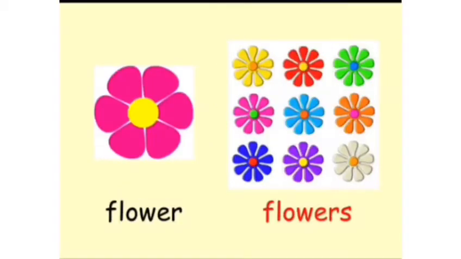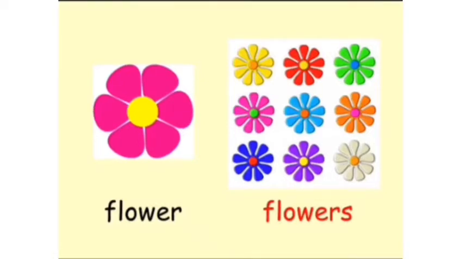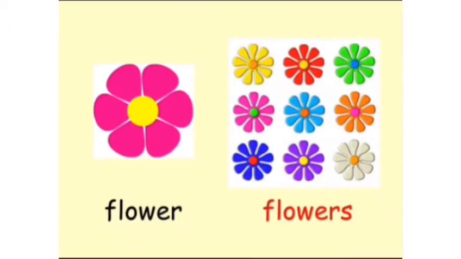Can you see one pink color flower? Yes, F-L-O-W-E-R, flower. And there are many flowers on the other side, so we say F-L-O-W-E-R-S, flowers. So flower is singular and flowers is plural.